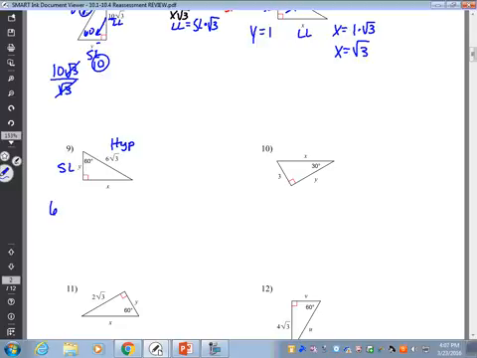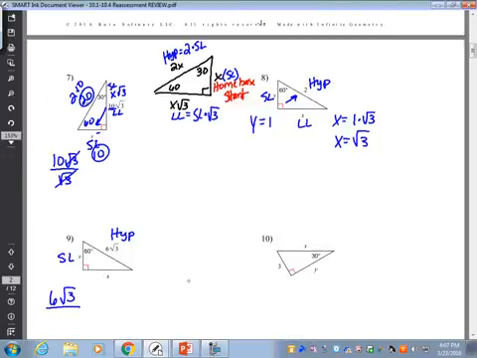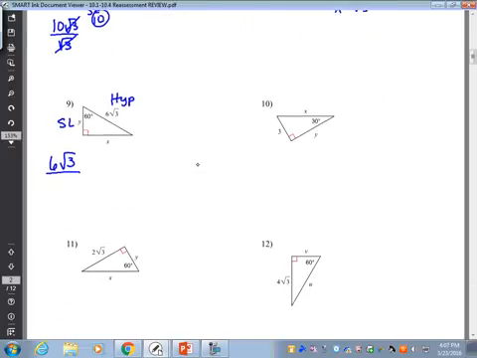So we're going to say 6 square root of 3 divided by, but what number do we divide by when dealing with a hypotenuse? If I go back up here, the hypotenuse is 2x. So we're going to divide by 2. 6 divided by 2 is 3, so I got 3 square root of 3. That is what our y is. The short leg is 3 square root of 3.